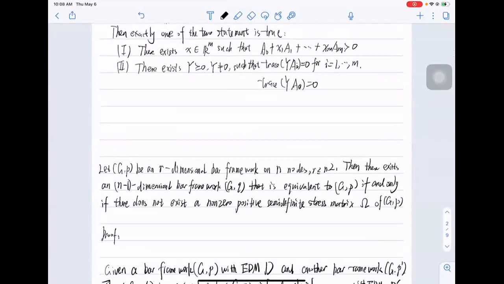Let G(p) be an r-dimensional bar framework on n nodes, so r is less than or equal to n minus 2.